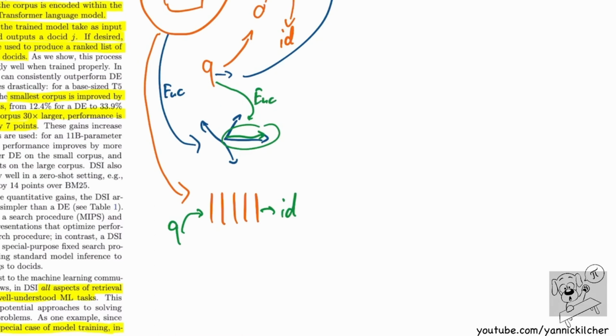So it doesn't output a vector that I then go and compare. I don't have to feed in query-document pairs and then get out a score of how well they fit together, which I would do in a cross encoder.